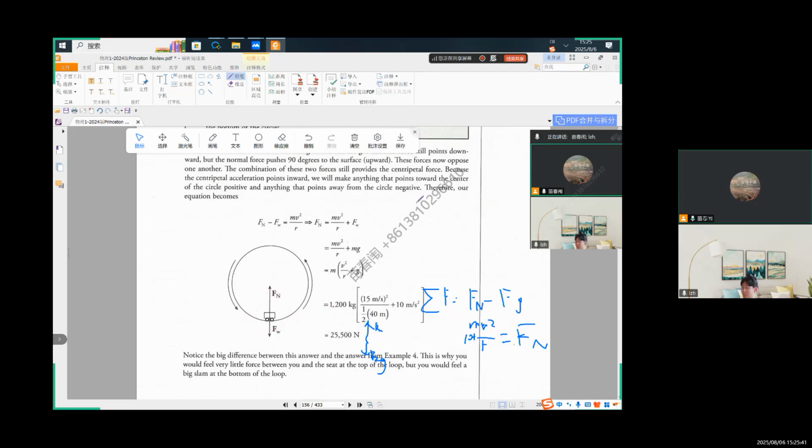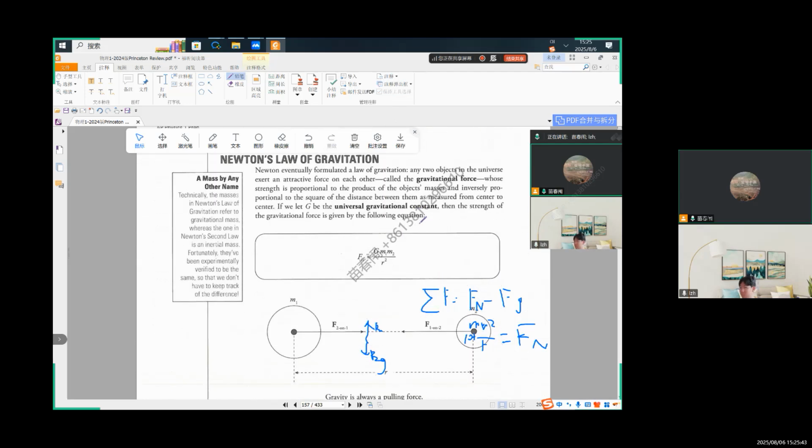Okay. And now let's go to, have you learned gravitational? I'm pretty sure that's the one we need, right? It's called the universal gravitational constant. The force equals the constant of gravity times the two masses, then divided by the square of the distance between their centers.